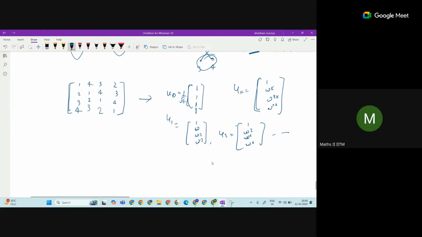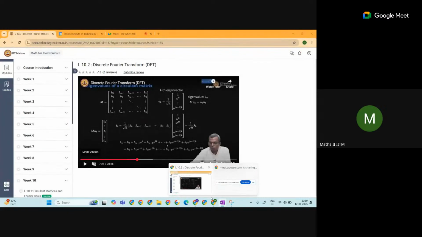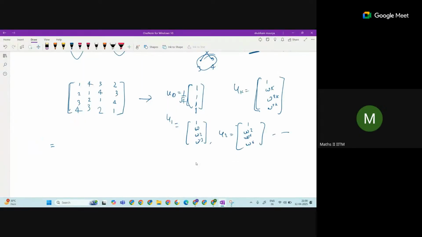If you want to write the eigenvalues, they are going to be lambda k. Take these entries: this is your h0, this is h1, this is h2, this is h3.